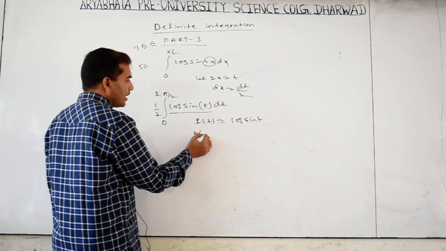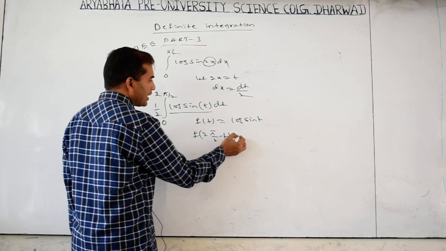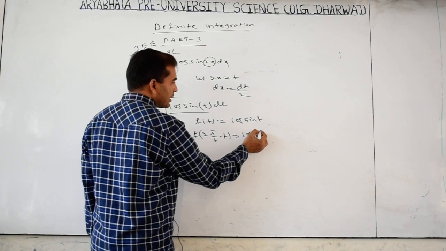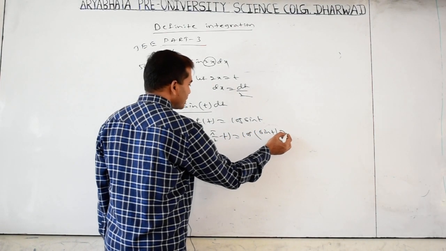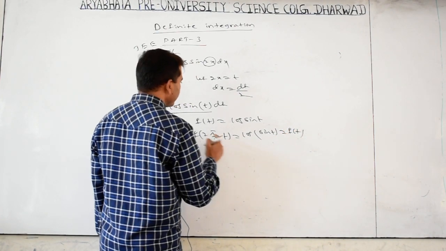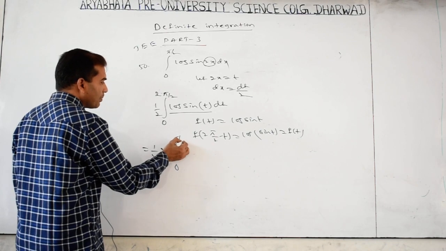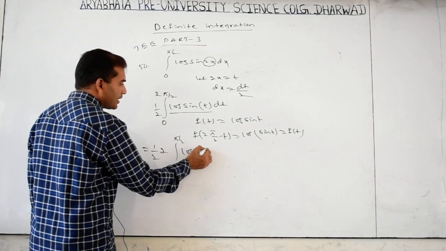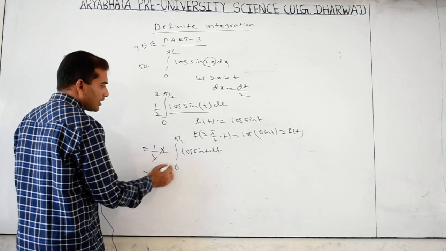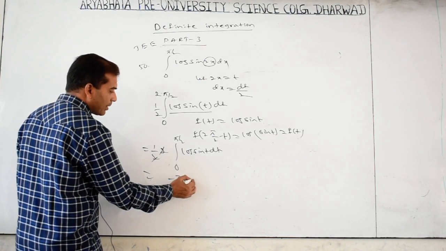Check the condition: f of 2 into pi by 2 minus t, log of sin of pi minus t, is sin t, which is equal to f of t. So here it comes 1 by 2 into 2, 0 to pi by 2 log of sin t dt. This gets cancelled, which is equal to minus pi by 2 log 2.